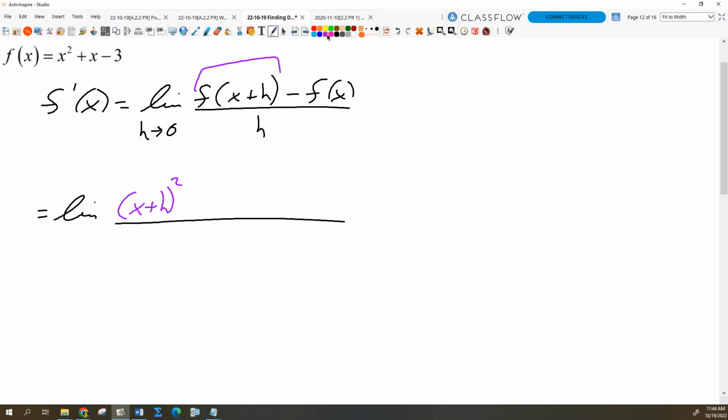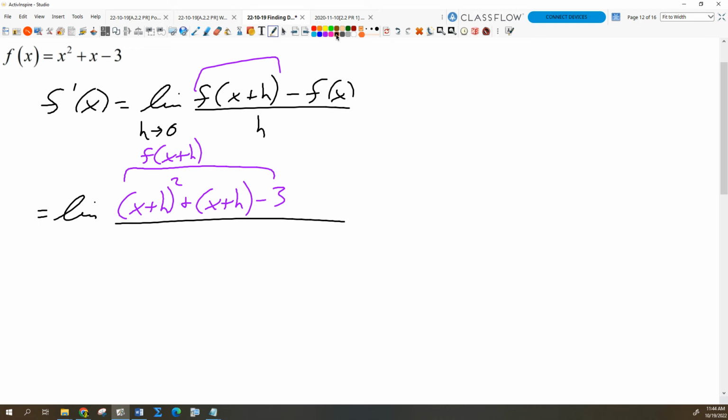Keep going. Plus x plus h minus 3, right? That is f of x plus h.